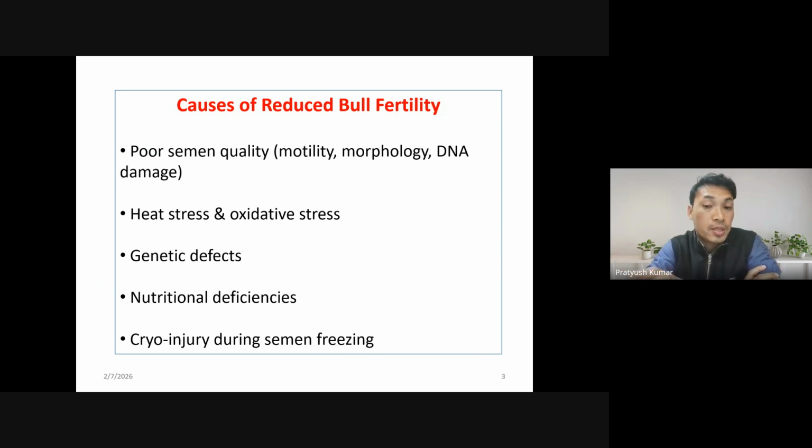Generally the semen is collected early in the morning, and we get the final product in the evening, which means 10 to 12 hours.